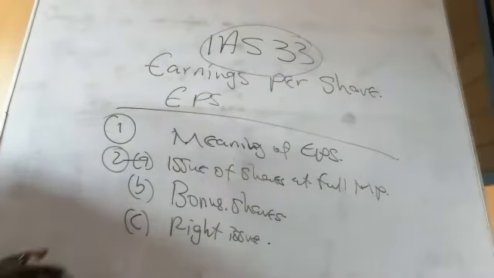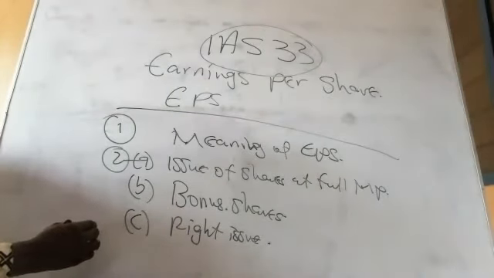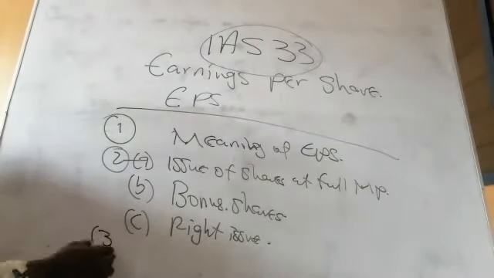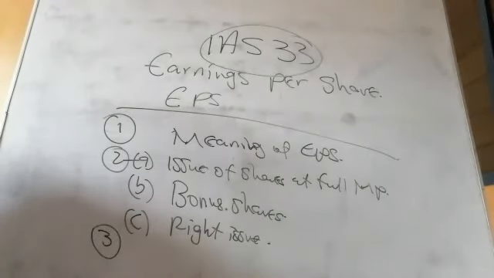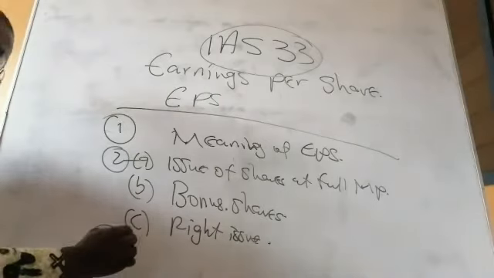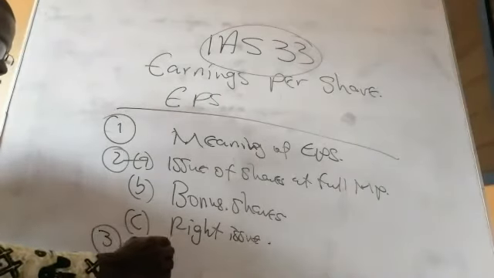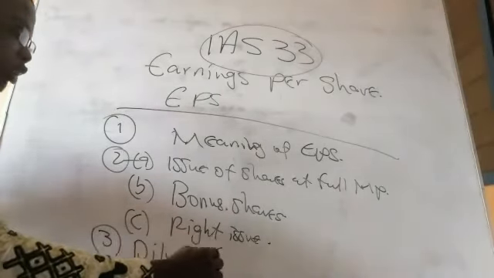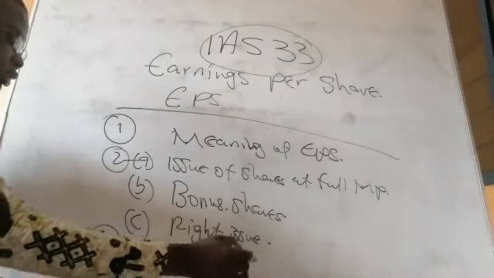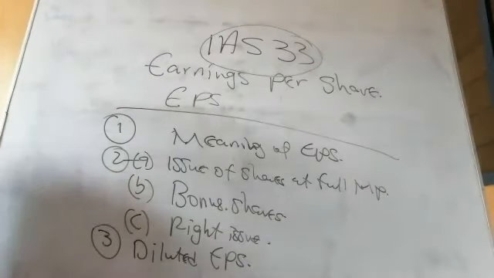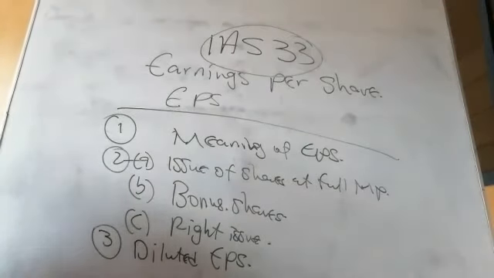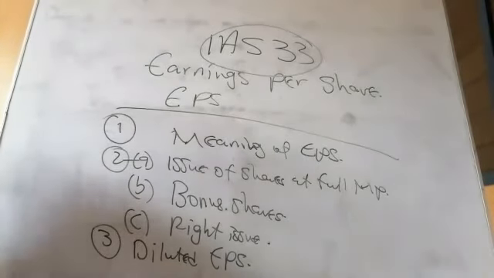Then the third consideration is the diluted earnings per share. These are the basic items that I'm going to look at. If you're able to go through all these three issues, then we are done with earnings per share.